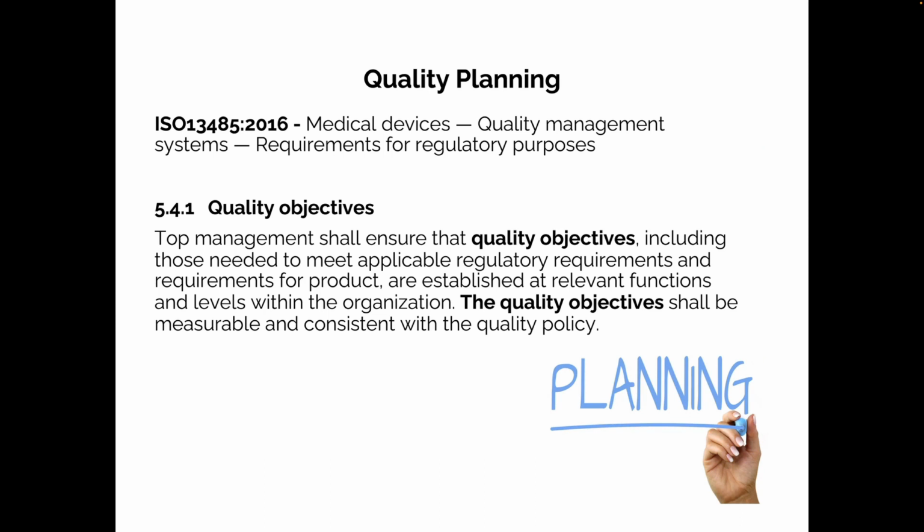So it's not all functions, it's the relevant functions and the relevant levels of the organisation, and those quality objectives should be measurable, and they need to tie in and be consistent with the expectations of your quality policy. So there is clear guidance in the standards of the expectations to quality plan in terms of deriving objectives based on quality data.